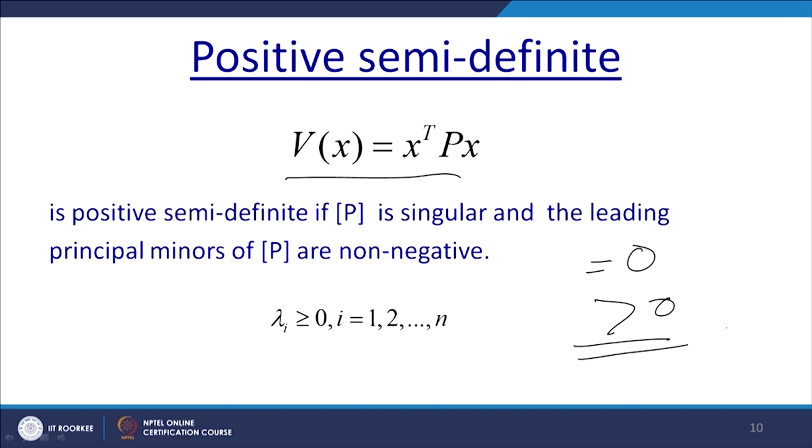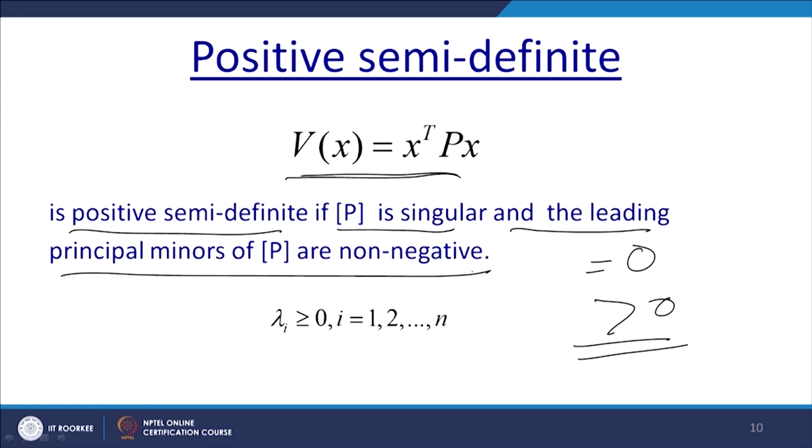That is, V of x equals x transpose Px is positive semi-definite if P is singular and the leading principal minors of P are non-negative. In other words, the eigenvalues of P are lying on the right side and at least one eigenvalue is at the origin. If this is the case, it is called positive semi-definite.